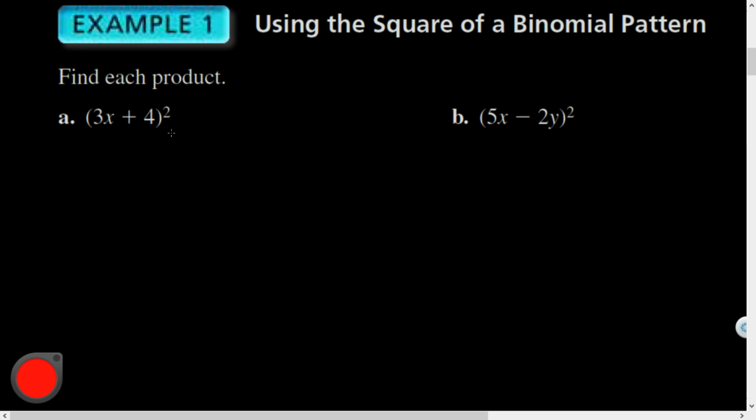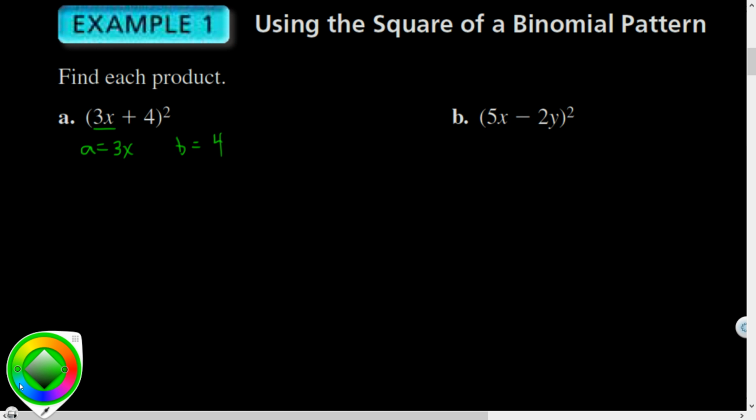I suspect this is the square of a binomial pattern because this is the square of a binomial. All right, so here we go. What I need to do first is label my A and B. I guess I'll label those in green. So A is going to be the 3x here, and B is going to be the 4.